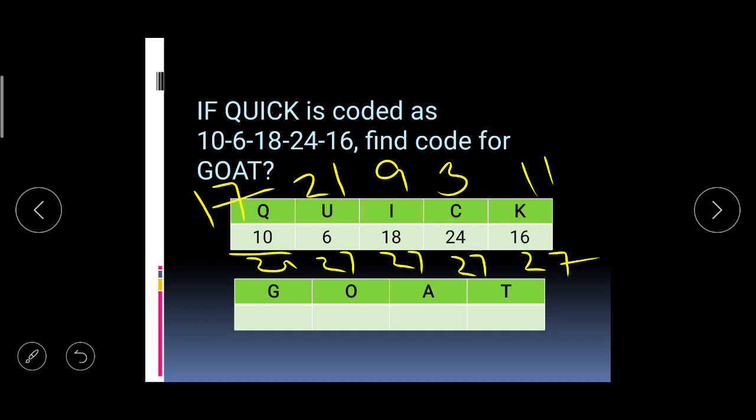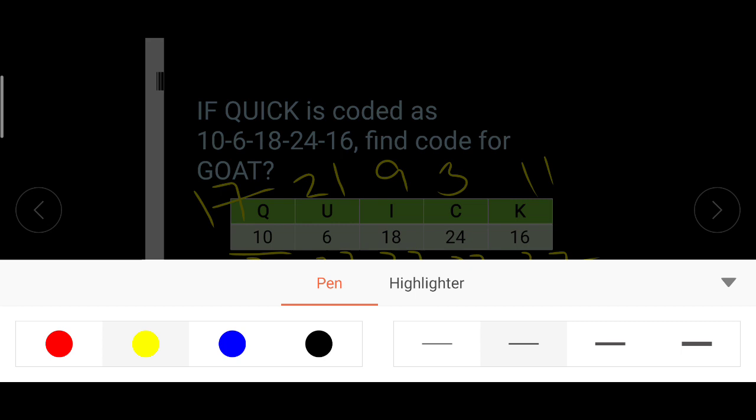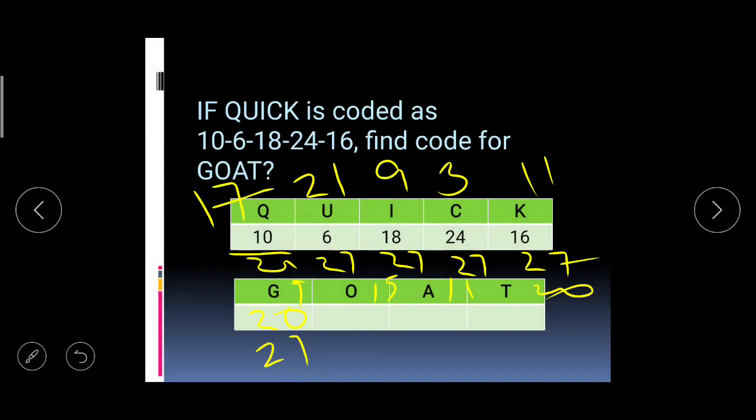So let's write down the positions for GOAT. G should be 7, O is 15, A is 1 and T is 20. If this is 7, then which number should we write in order to make it 27? We should write 20 here. If 15 is here, then what should we write so that it becomes 27?